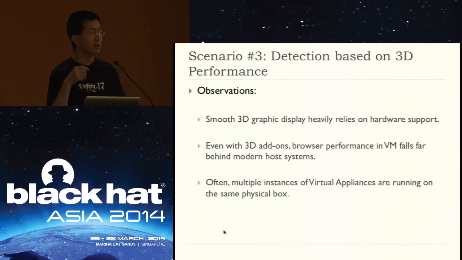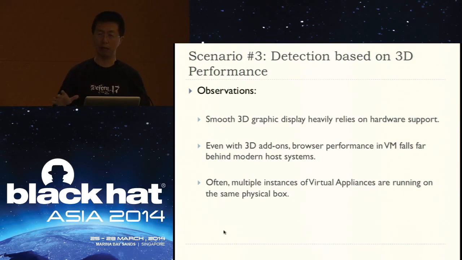Okay. The virtual appliance or virtual machine platforms we have right now all have this thing called a 3D add-on. That is supposed to help make rendering 3D objects faster. But based on our results, which I will show you some samples of, they are still falling behind the physical one.